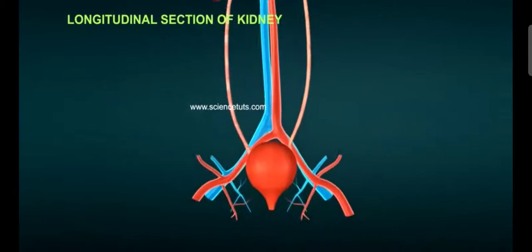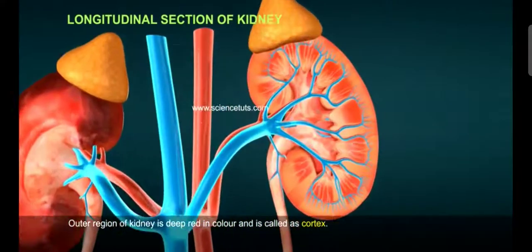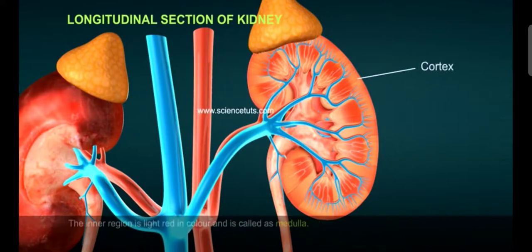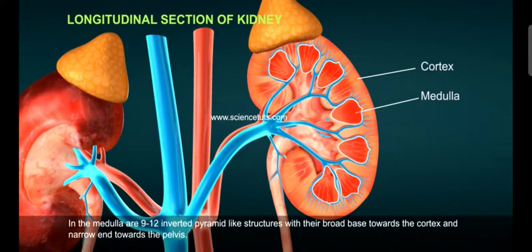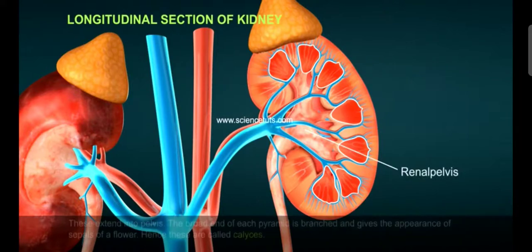Longitudinal section of kidney. The outer region of the kidney is deep red in color and is called cortex. The inner region is light red in color and is called medulla. In the medulla are 9 to 12 inverted pyramid-like structures with a broad base towards the cortex and narrow end towards the pelvis.